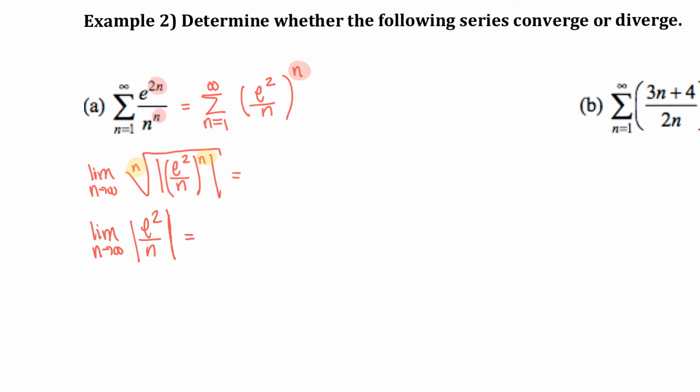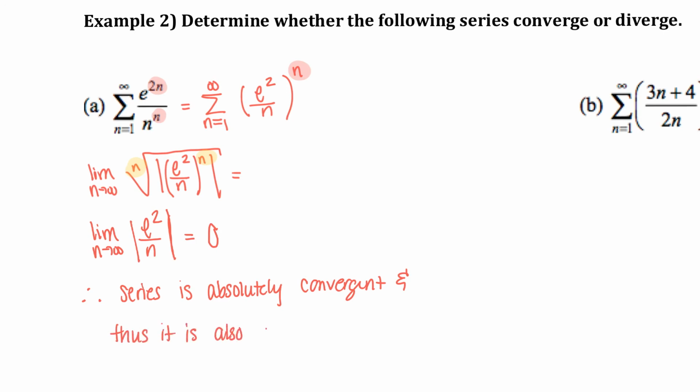And now as n goes to infinity, I can see e squared is just a constant, so therefore the limit is 0. Therefore, the series is absolutely convergent. And thus, it's also convergent.